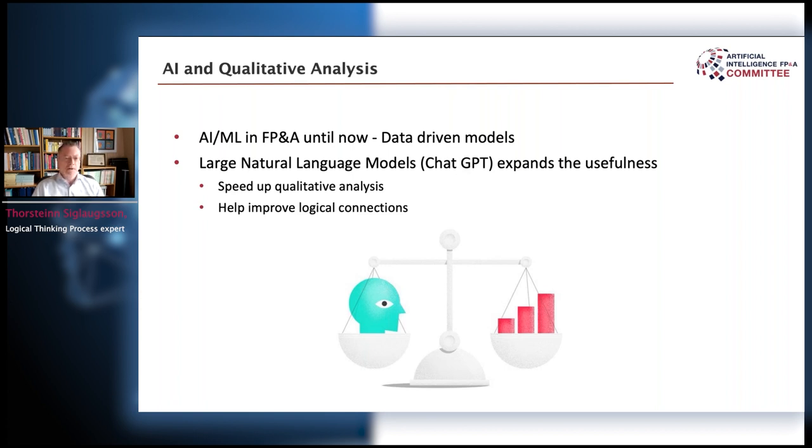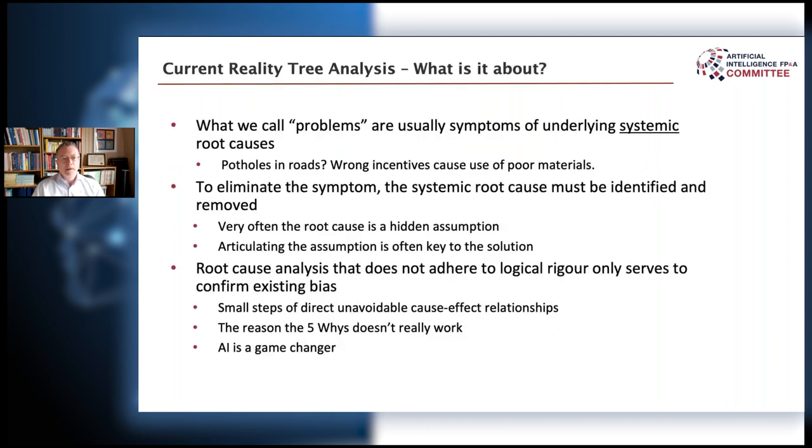In fact, the quality of the logical connections is of huge importance in doing an analysis like this. If the connections aren't logically valid, the analysis isn't sound, and it will lead us to wrong decisions, basically.